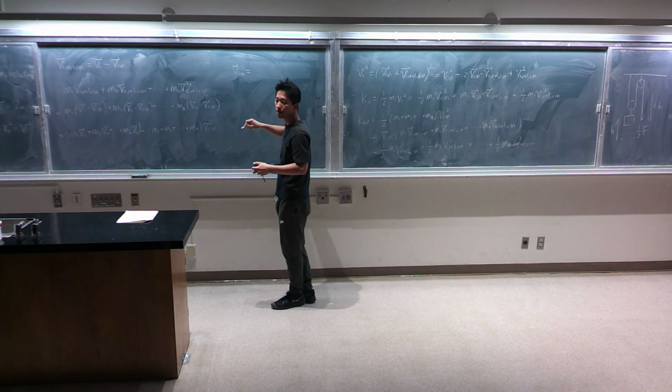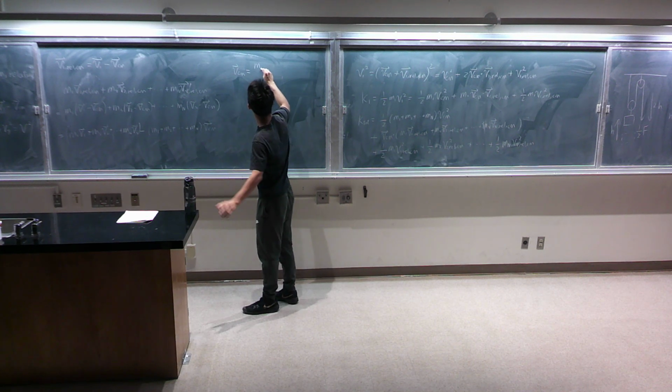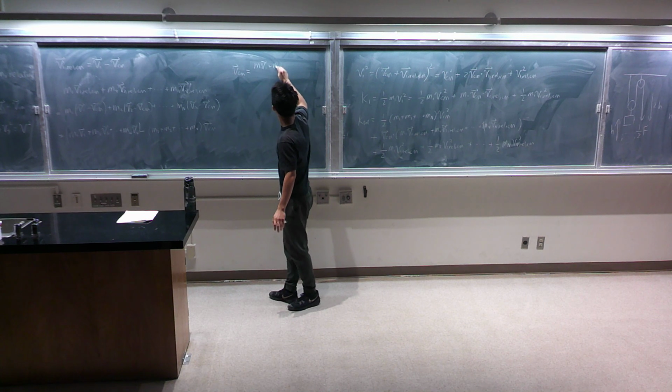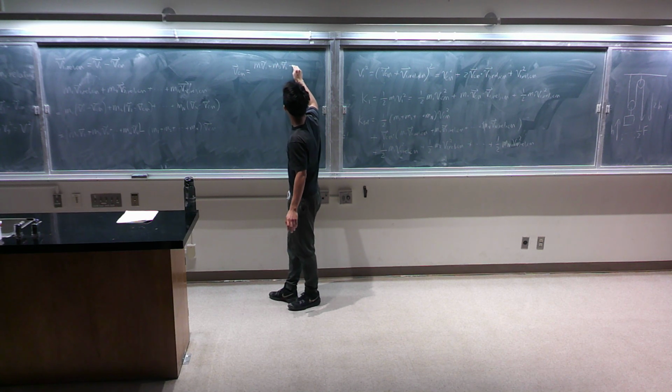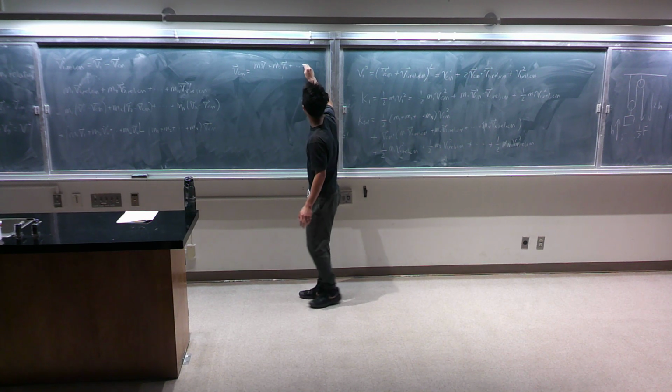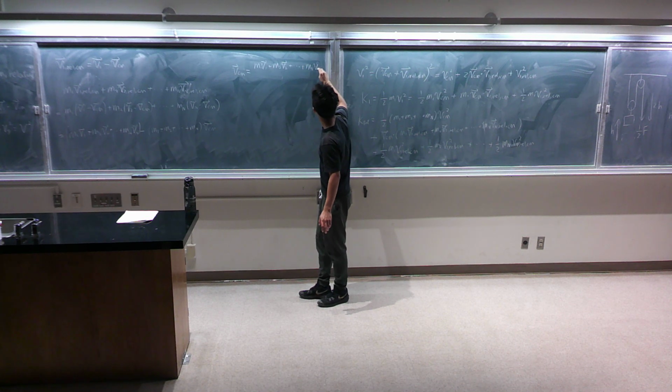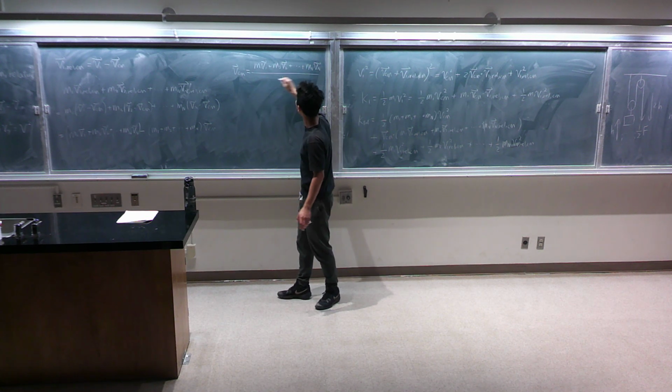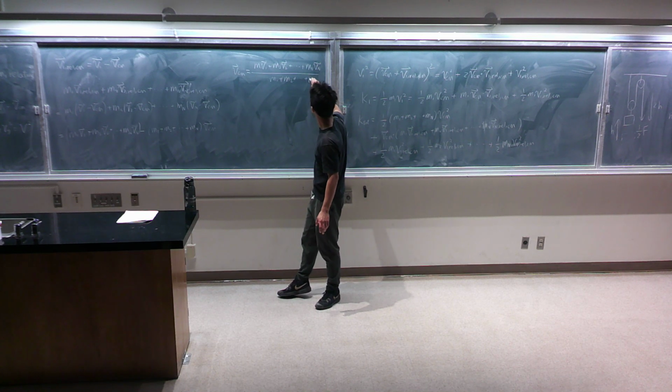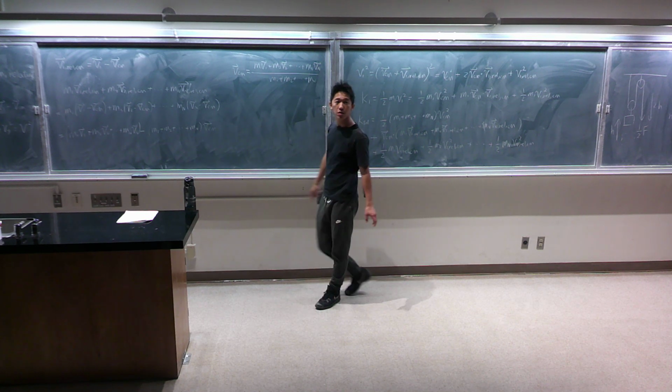Center of mass velocity will be the velocity of the particles multiplied by their mass, and then divided by the total mass. Right?